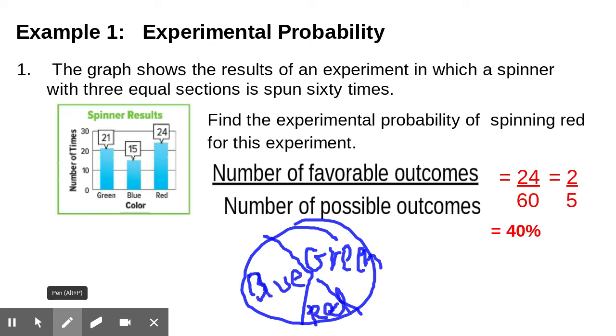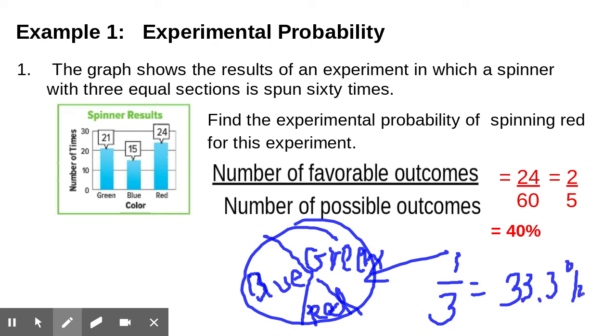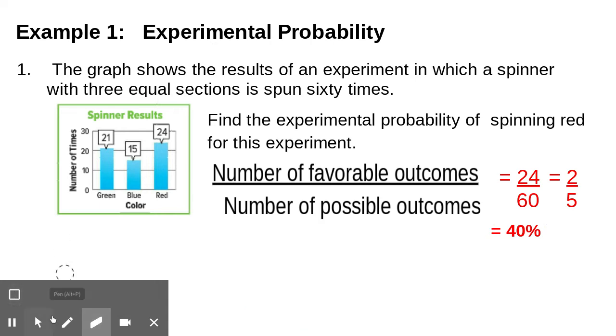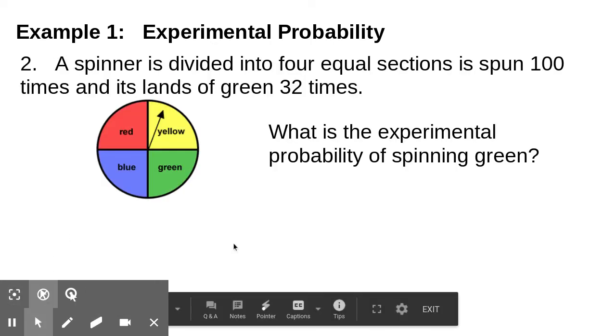If this was the theoretical probability, spinning a green would be a 1 out of 3 chance, which is about a 33.3% chance. All right, so this would have been my theoretical probability, and this is my experimental probability. So they are different. Okay, but for today, we're talking about experimental probability.